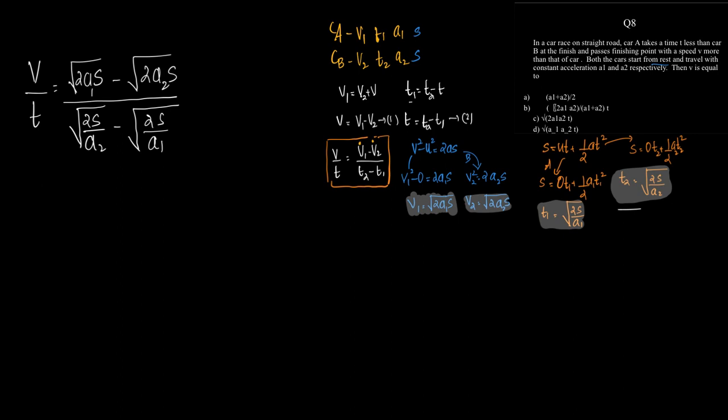Okay, so we can later write that V by T is equal to, now I'll try to make the calculation as simple as possible. I'll write it as root A1 into root 2S minus root A2 into root 2S. If you ask me why I am separating 2 and S, it is because none of the options given here have 2 and S within them. So that's why I'm trying to eliminate S and 2 from the equations.